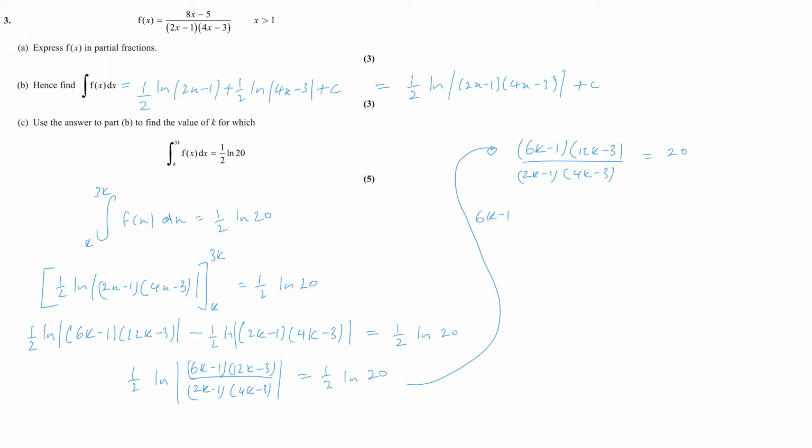So 6k minus 1, 12k minus 3 equals 20 times 2k minus 1, 4k minus 3.